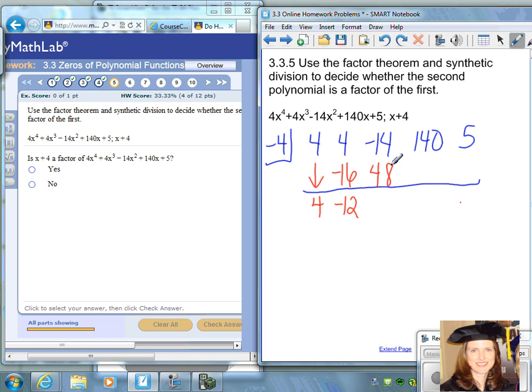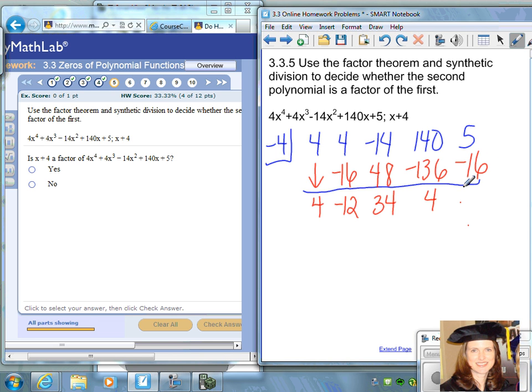Negative 14 plus 48 is 34. 34 times negative 4 is negative 136. 140 minus 136 is 4. And 4 times negative 4 is negative 16.